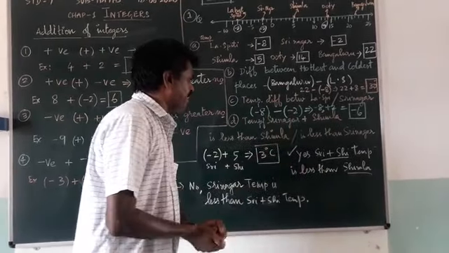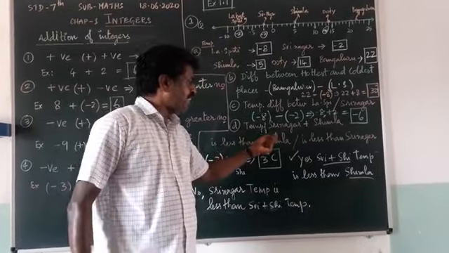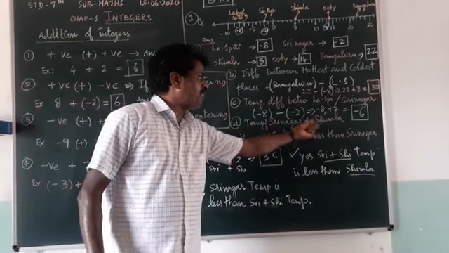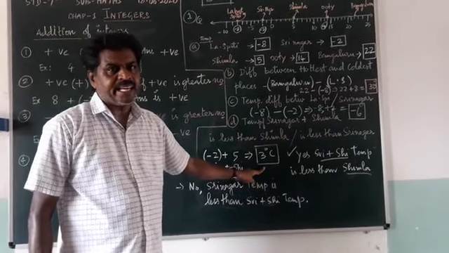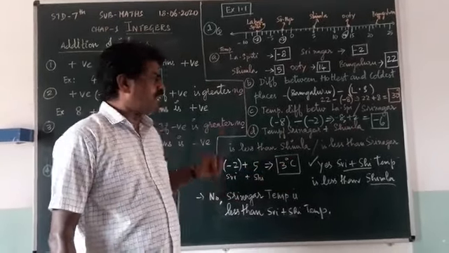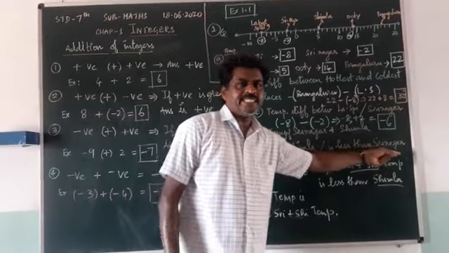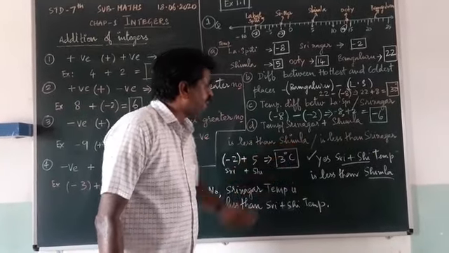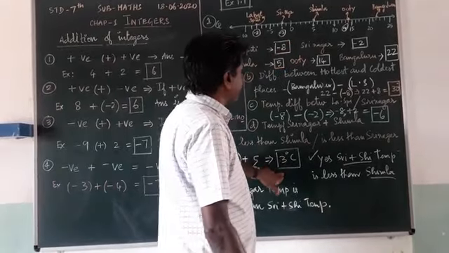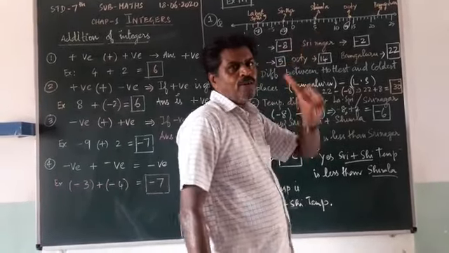This is your answer. See, once again I repeat: they are asking, if you add the Srinagar temperature and the Shimla temperature, you will get one answer. Yes, they are getting 3 degrees centigrade. You have to compare this 3 degrees with Shimla as well as Srinagar. They are asking whether this 3 degrees is less than the Shimla temperature. You see, 3 degrees we are getting; the Shimla temperature is 5.